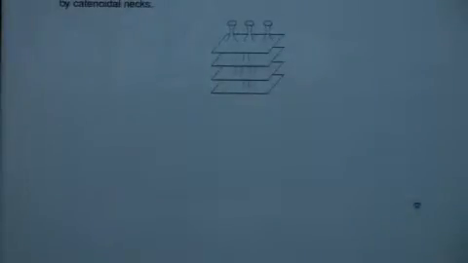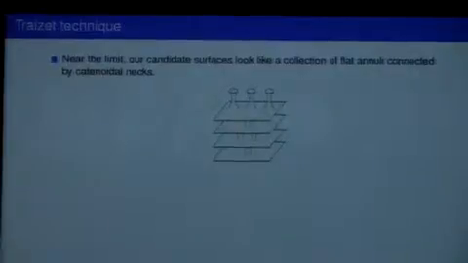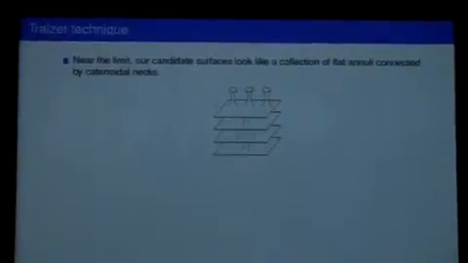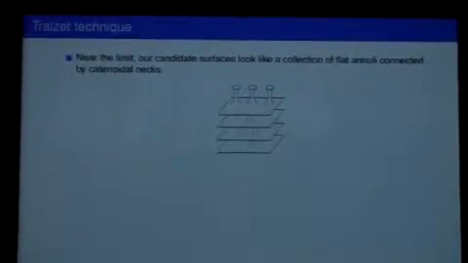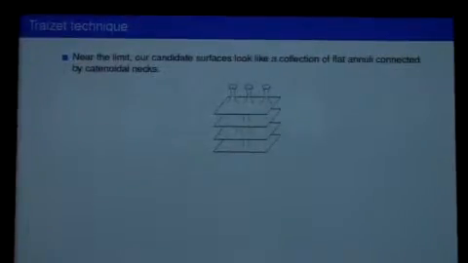Okay, so again, this is using a technique developed by Traizet, and it's actually applying to these surfaces. They have some similarities to the Riemann minimal examples, and Traizet developed his technique with that. So that was just Riemann's minimal example, just having planes with one neck in between each one.